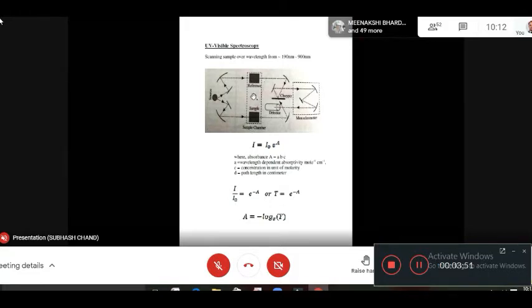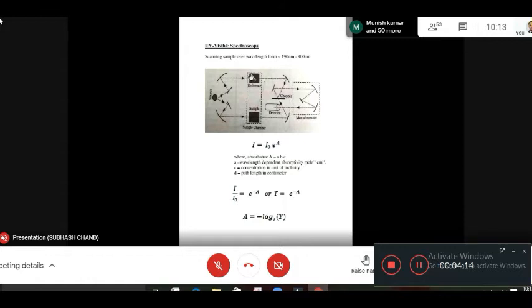Now when the beam passes through the sample, the beam interacts with the molecules, atoms, particles inside this sample, and they have a characteristic to absorb certain radiation wavelengths. So it may absorb, it may not absorb.